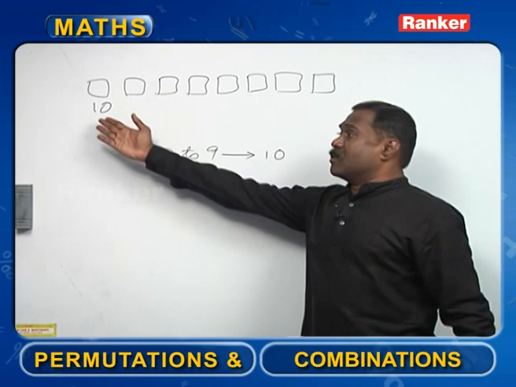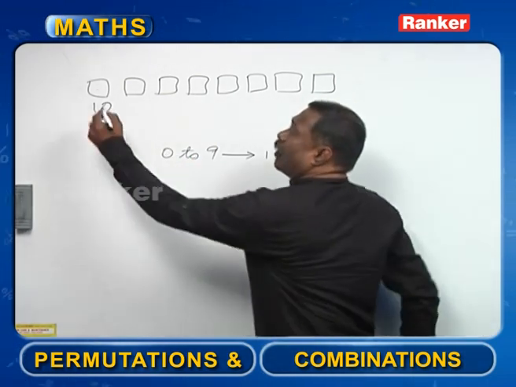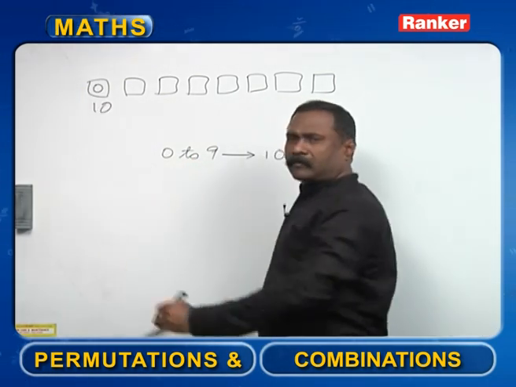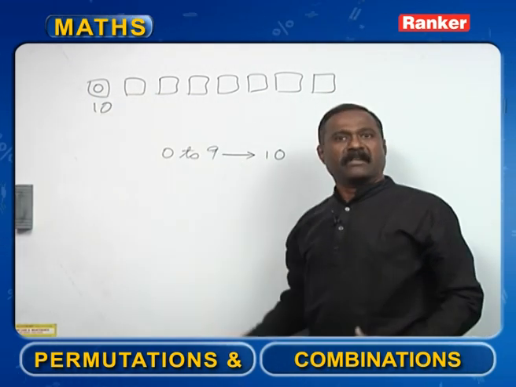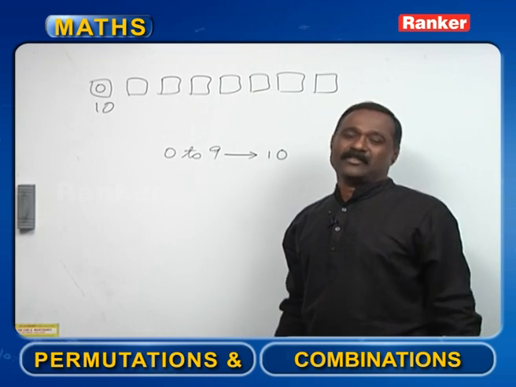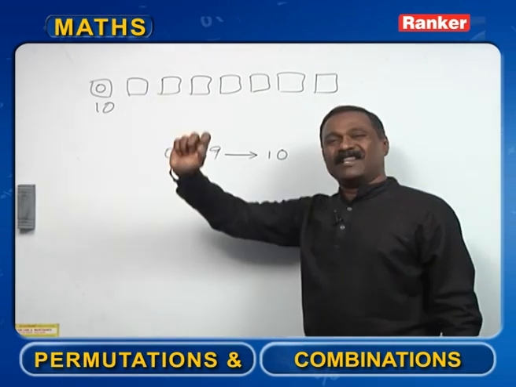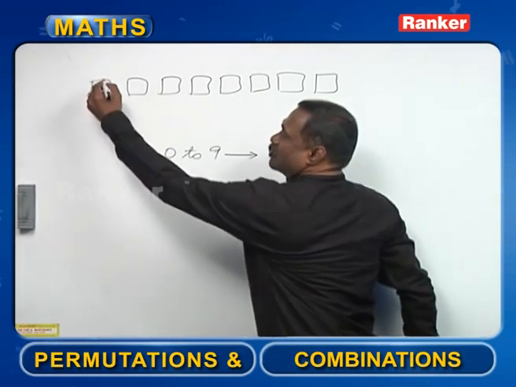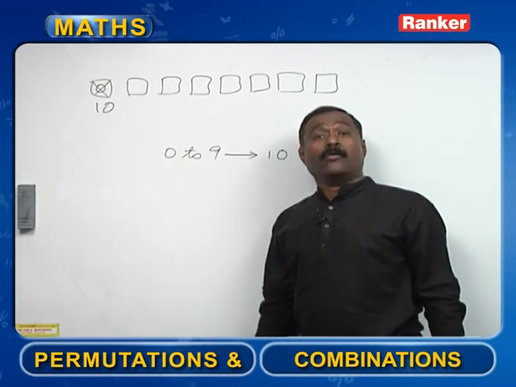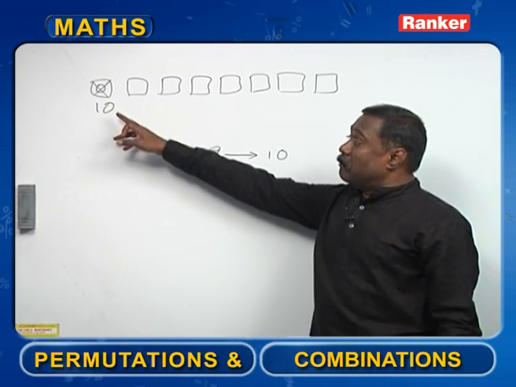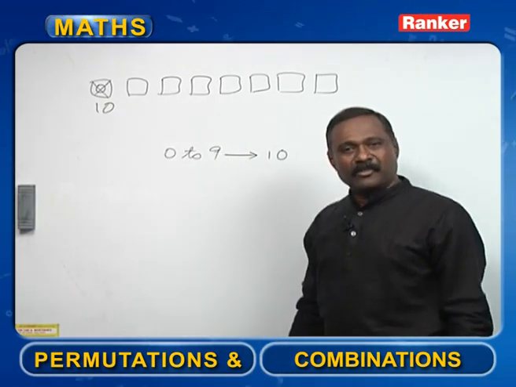If I fill 0, then it will not be an 8-digit number, but it will become a 7-digit number. Absolutely right. So your thinking must start there. So 0 should not be filled here, because if you fill 0, that will become a 7-digit number.